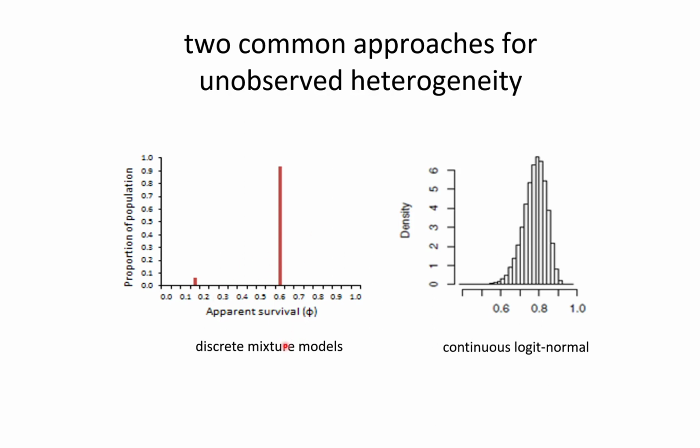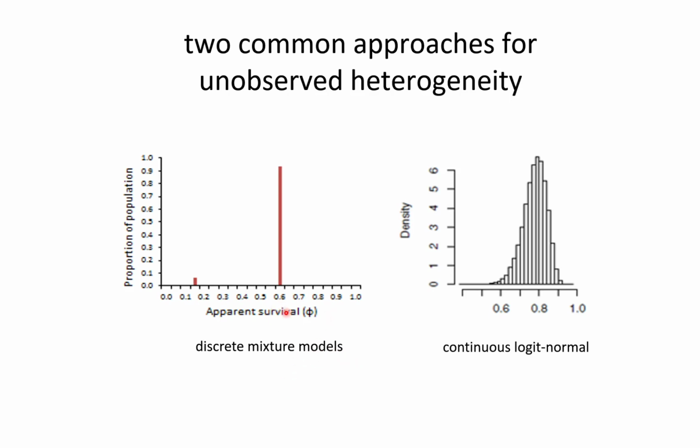We have two kinds of individuals. In this case, we're talking about survival, but the principle is the same. Some have low survival probabilities, some have high survival probabilities. Substitute in the word detection probability, and you have the same thing. So the discrete mixture model says, okay, you're in one or the other.